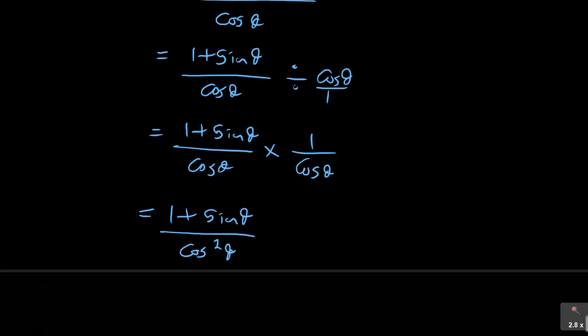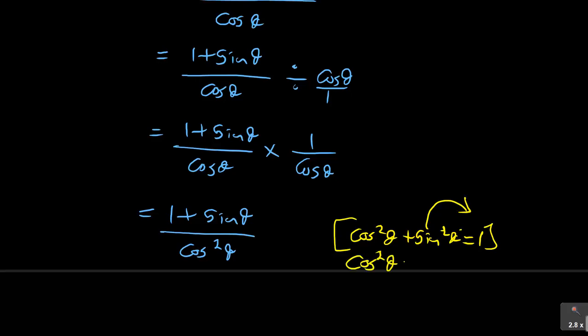Now at this stage, I'm going to use the identity cos squared theta plus sin squared theta is equal to 1. If you see cos squared theta, I will take sin squared theta to the other side. It will be cos squared theta is equal to 1 minus sin squared theta.